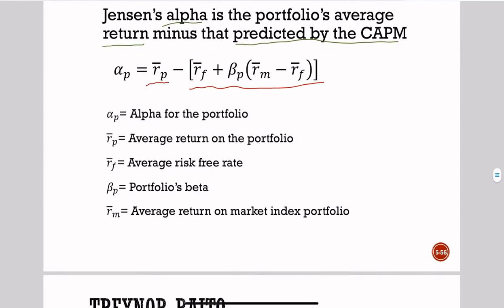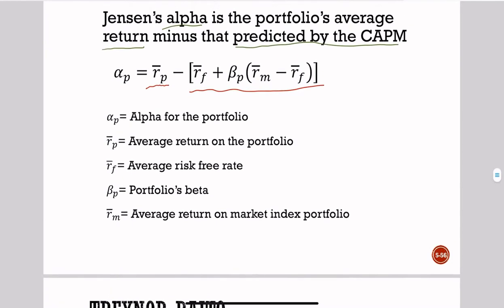Okay. So essentially you can see that conceptually, alpha is just the difference between the actual return and the return predicted by the model, right? Here the model is the capital asset pricing model. And you can see that if alpha P is positive, in some sense, it's a good investment, right?